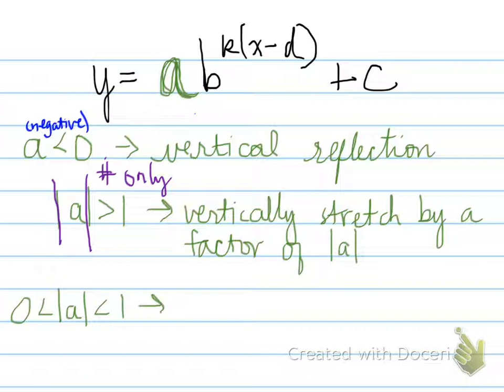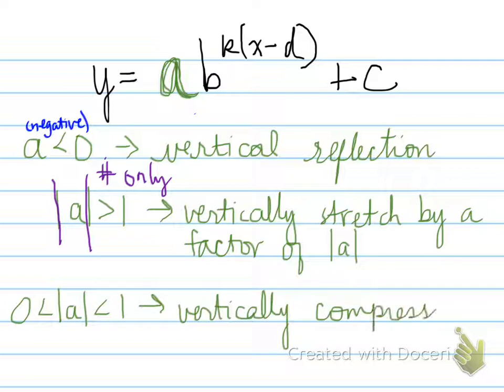Now, if that number, again number, not the sign, is between 0 and 1, that number that would be here before the base is between 0 and 1, that means that the graph actually did a shrink. So it shrinks. But when we express that mathematically, we say it vertically compresses by a factor of A. Again, that number and not the sign.